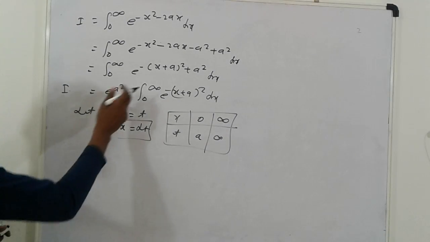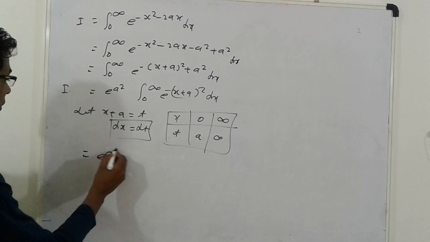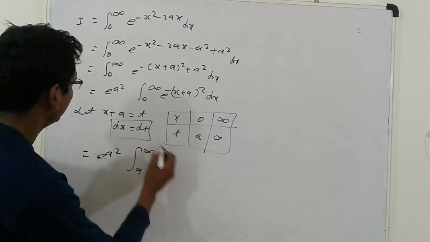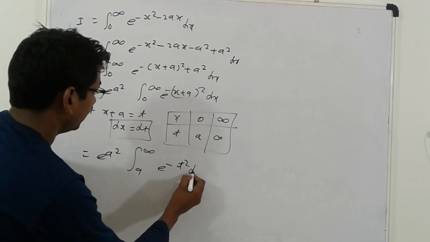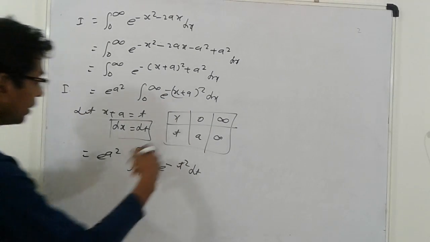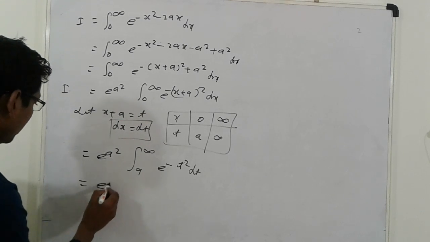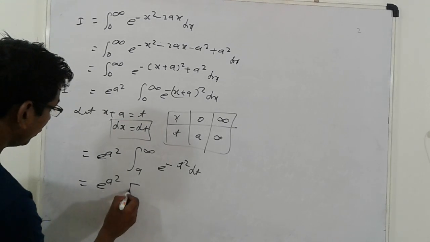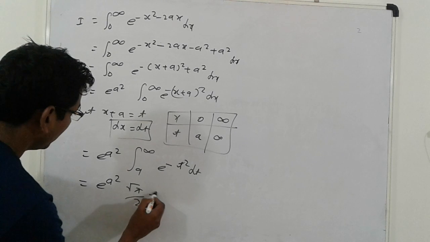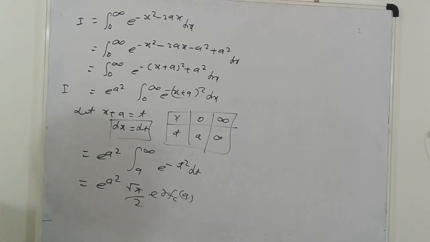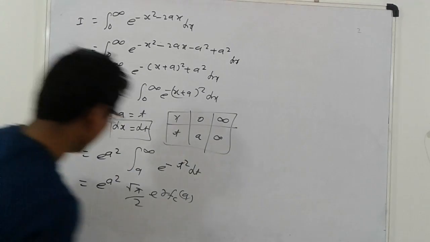So now e raised to a square, integral a to infinity e raised to minus t square dt, and that is the complementary error function of a. So it means e raised to a square under root pi upon 2 erfc of a. In that case, what is the proving?